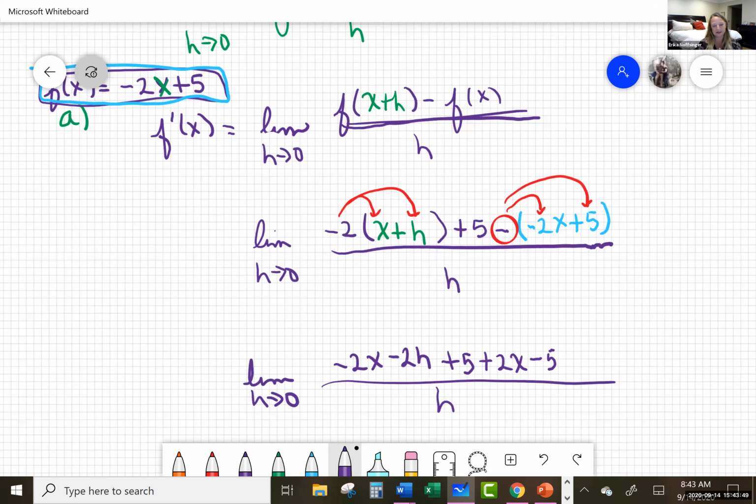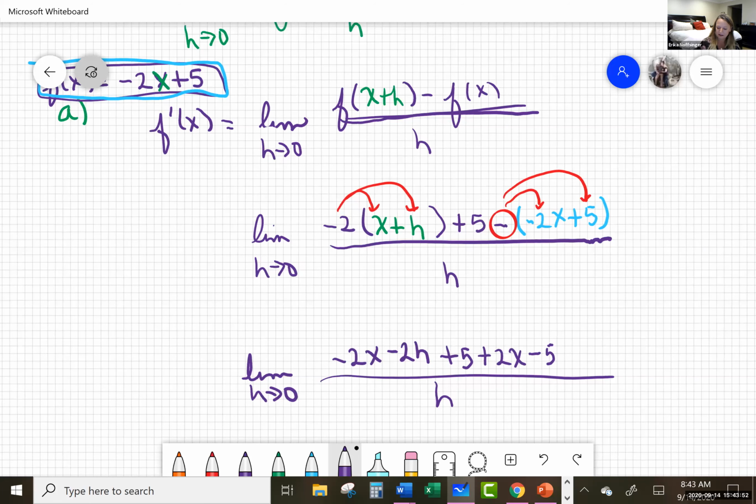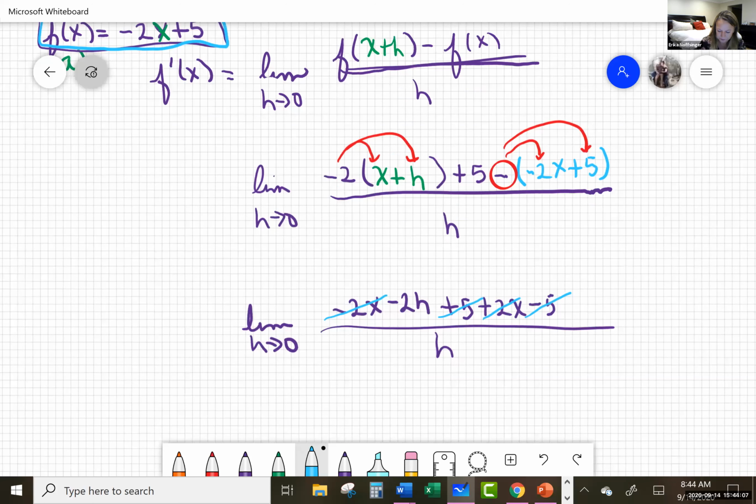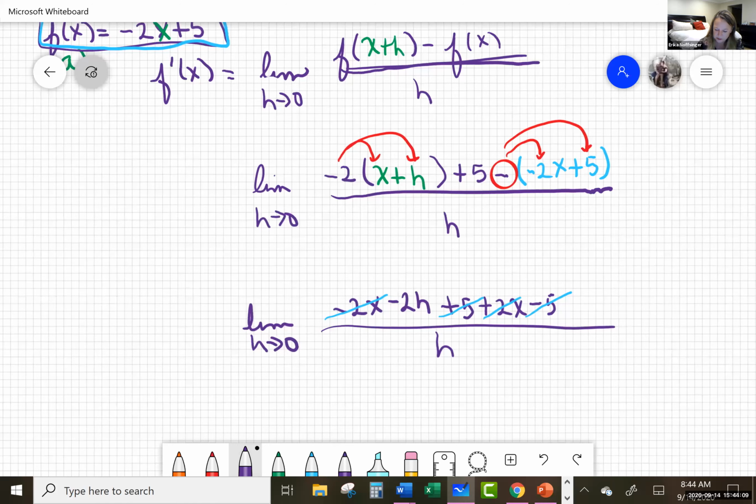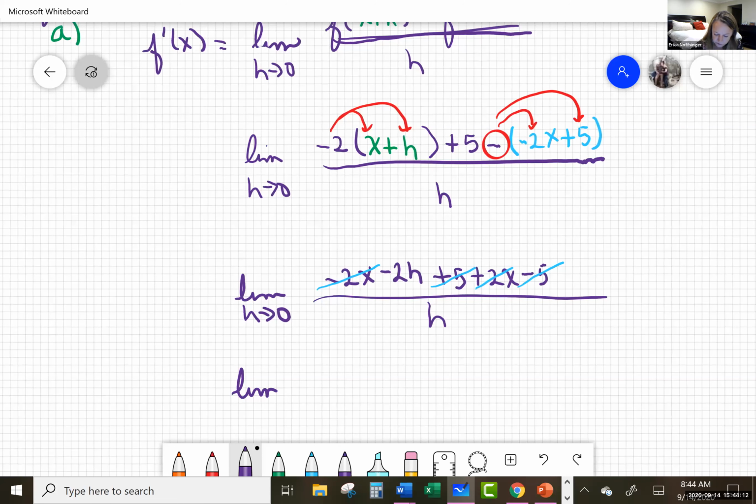So just like that video said, things tend to clean up really nicely. It looks messy, but this negative 2x and this plus 2x, those cancel out. We have a 5 and a negative 5, those cancel out. And so really we have the limit as h approaches 0 of negative 2h left in the numerator all over h. At this point, if I plug in 0 for h, I get 0 over 0, telling me I need to simplify.